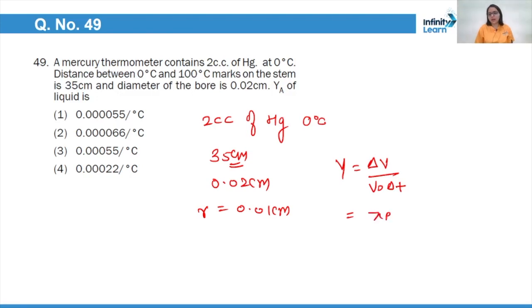Delta V is pi r square into h, divided by V naught into delta T. Fine. So over here, after putting the values of everything, you'll get the value of gamma, that is equal to option 1, 0.000055 per degree Celsius. I hope this is clear.